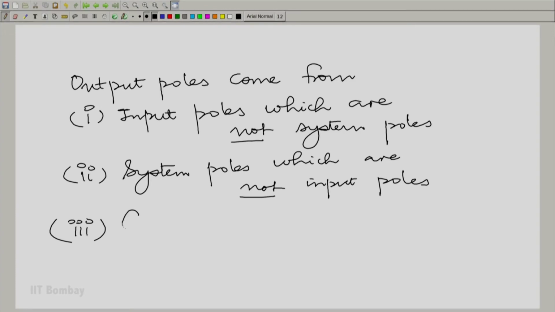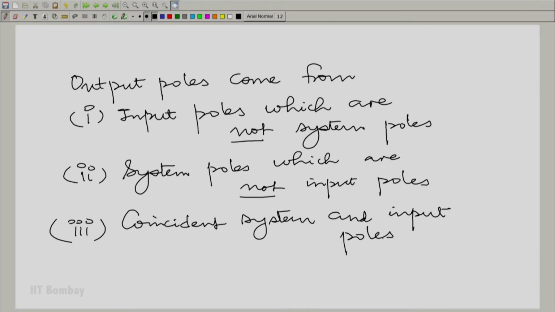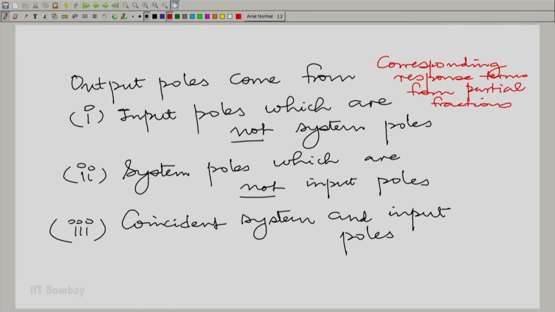Now, sometimes the poles can coincide. So, coincident system and input poles, and we shall give the corresponding terms a name. So, there are corresponding response terms from the partial fraction expansion.